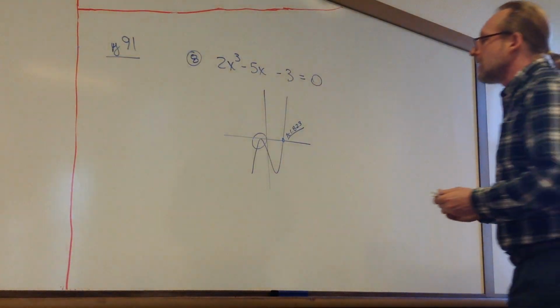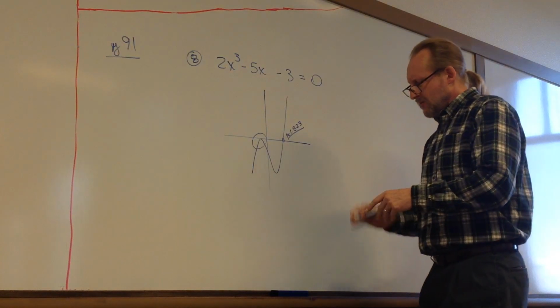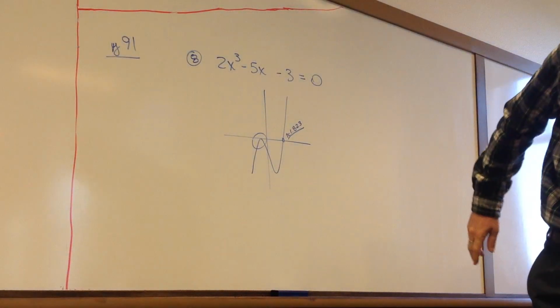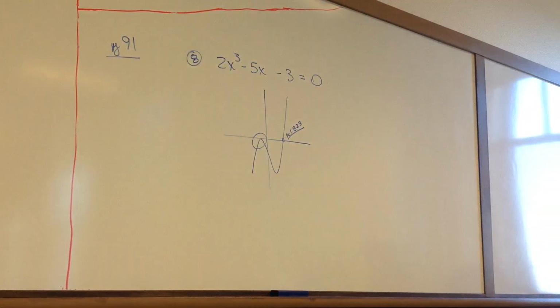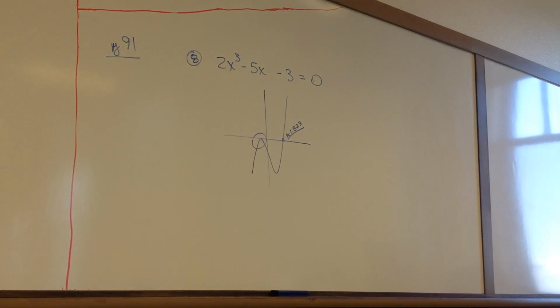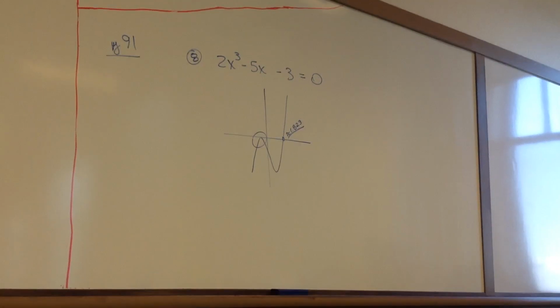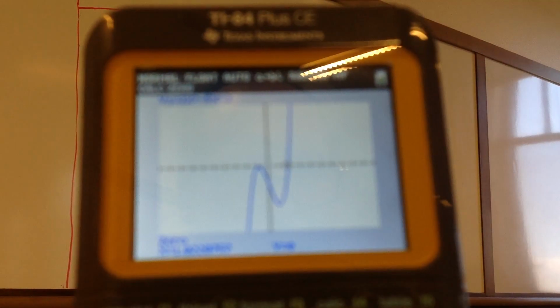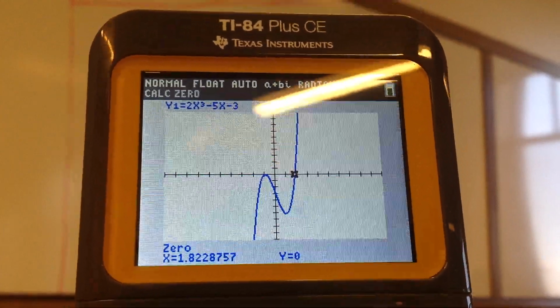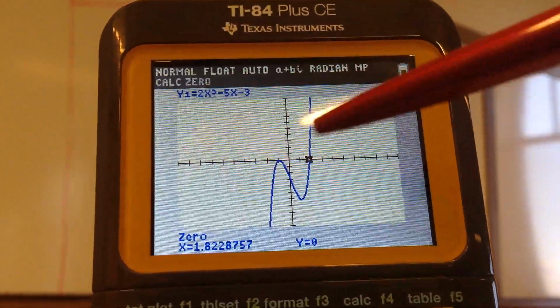So let me bring the calculator over to the camera again, and we'll see what's going on with this. All right, so here's the calculator. Let's get the camera to focus on it. There we go.